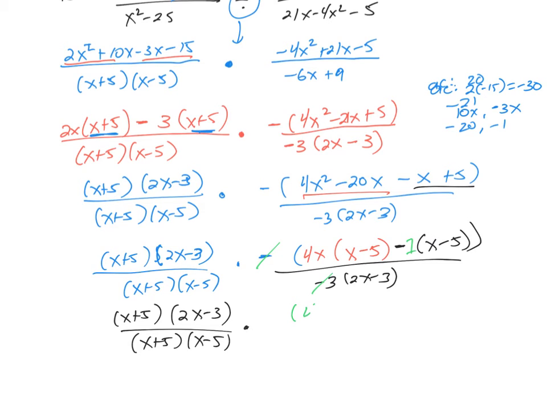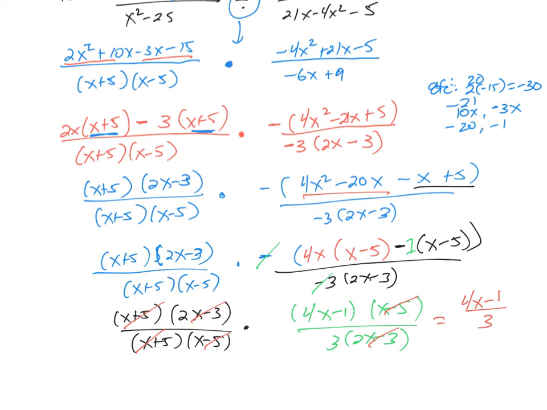So the numerator factors as 4x minus 1 times x minus 5 over 3 times 2x minus 3. And now I'm going to look and cancel out any common factors from the numerators to the denominator. So I can cancel out an x plus 5, 2x minus 3, and an x minus 5. So that leaves us with 4x minus 1 over 3.